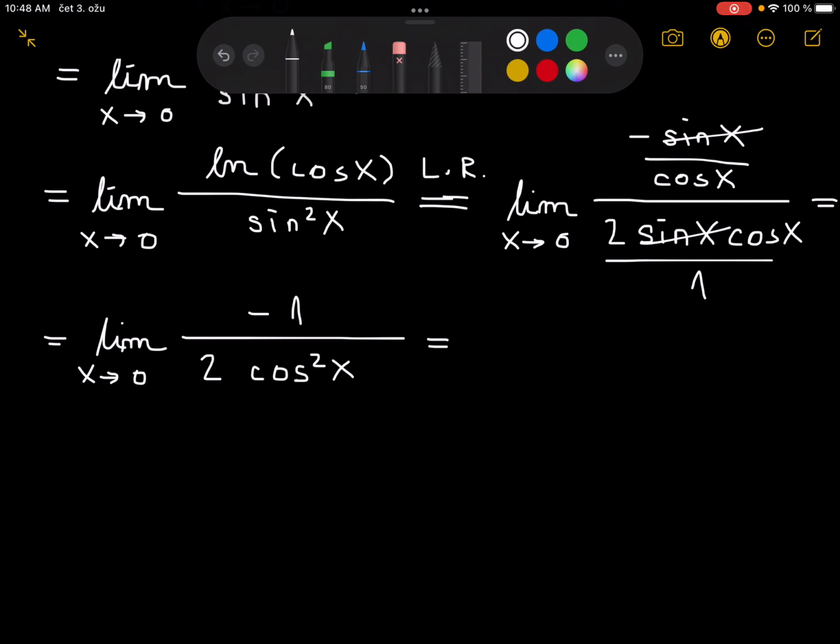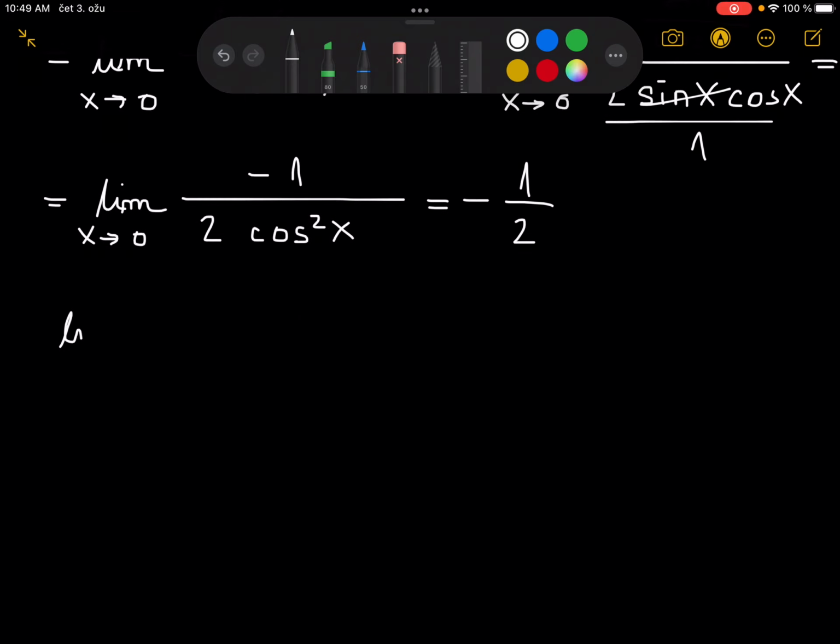And now we can just plug in 0. Cosine of 0 is equal to 1. So cosine squared of 0 must also be equal to 1. So that means that this entire limit is equal to -1/2.